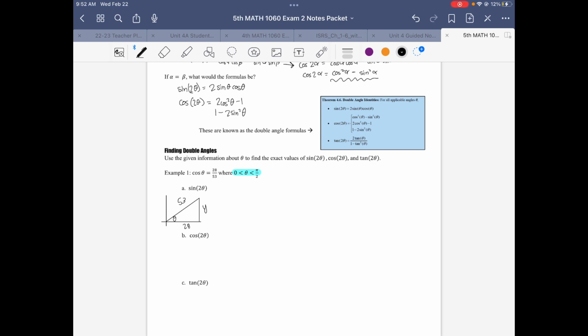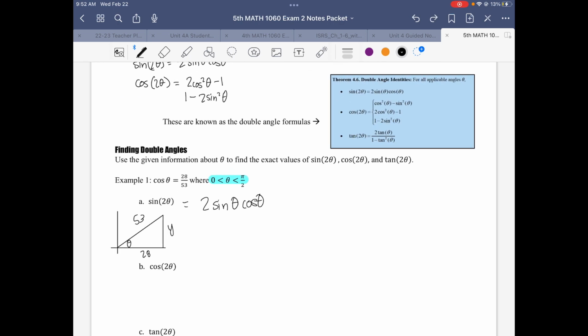But we are not asking about that. We're saying, what if we doubled that angle? What would happen if we doubled it? This would be 2 multiplied by the sine of theta times the cosine of theta, right? That's what we know the formula would be.